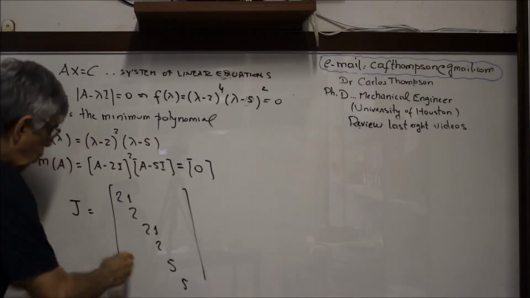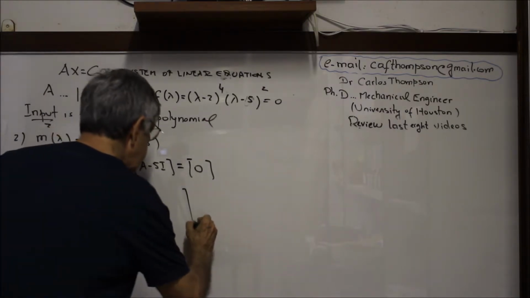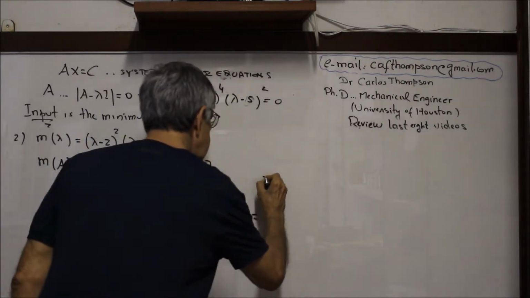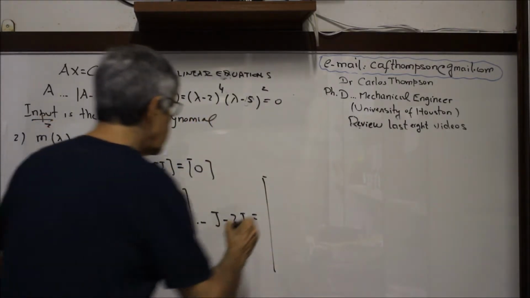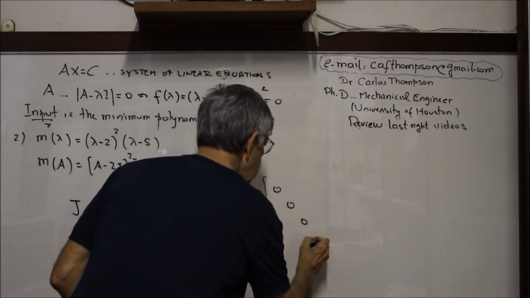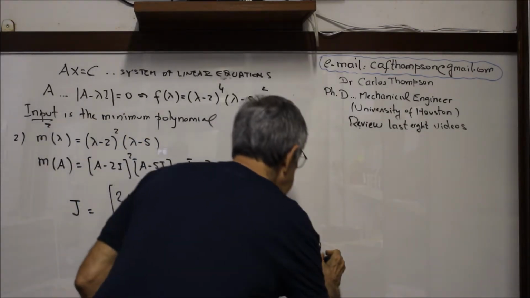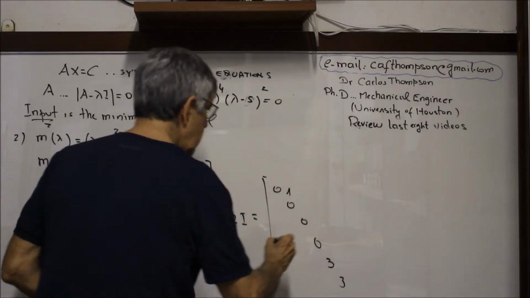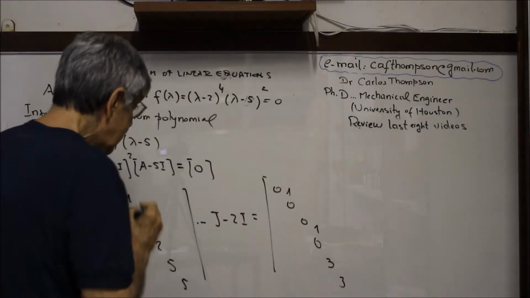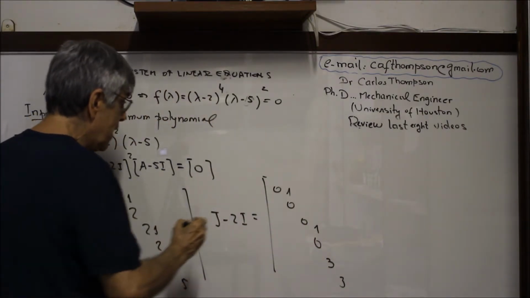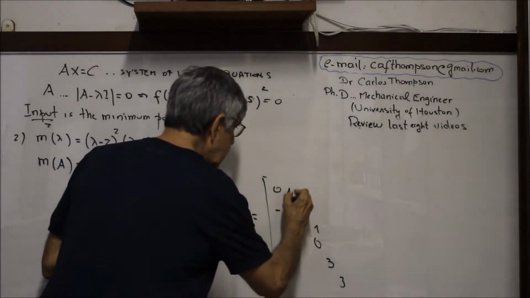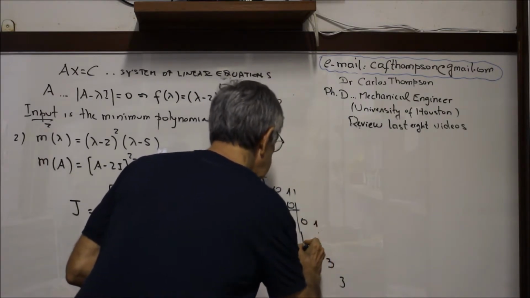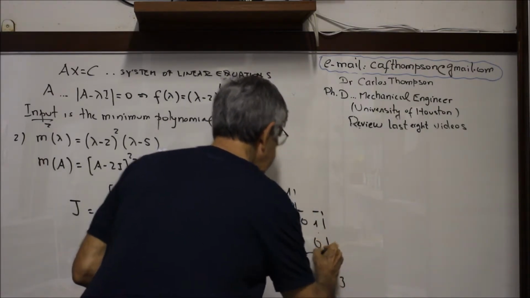Let's see what I will have if I put J minus 2I. You see, this will be 0, 0, 0, 0, 0. Now 5 minus 2 is 3 and 3. Let's put 1 here and 1 here.